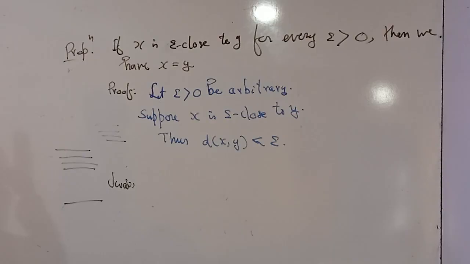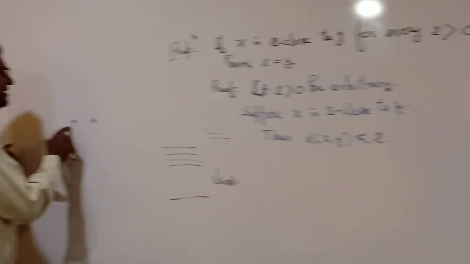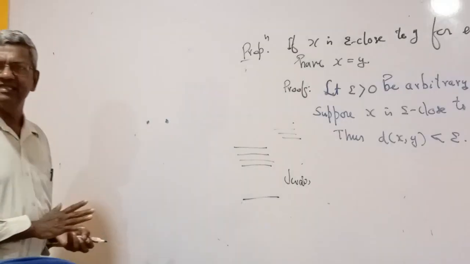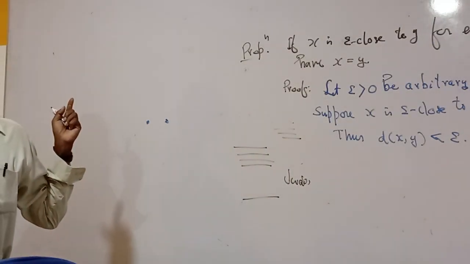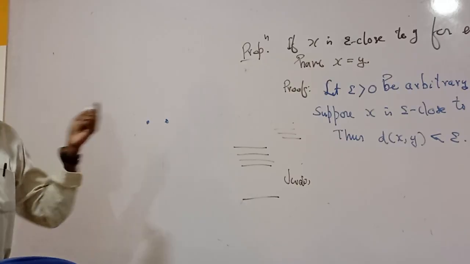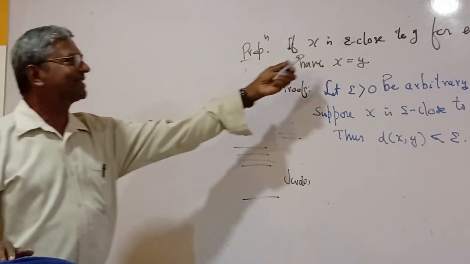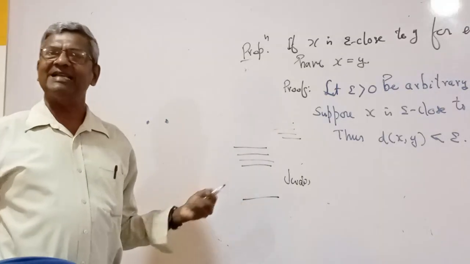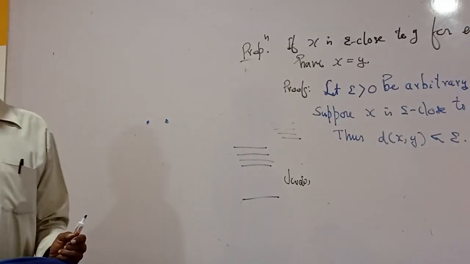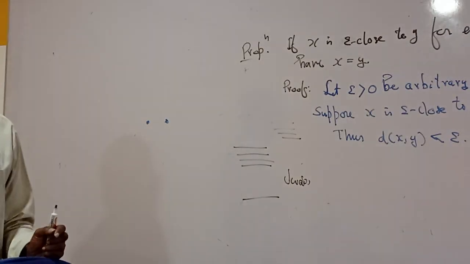Because this is not very big mathematics now. What you are saying is you have to give numbers x and y. Somebody is saying the distance between x and y is as close as you please. x is epsilon close to y for every epsilon means x and y are as close as you desire.